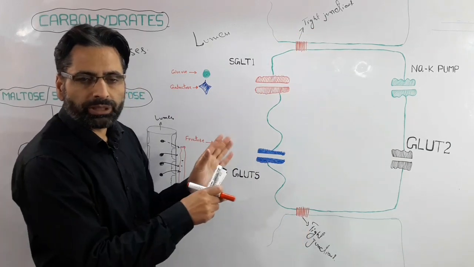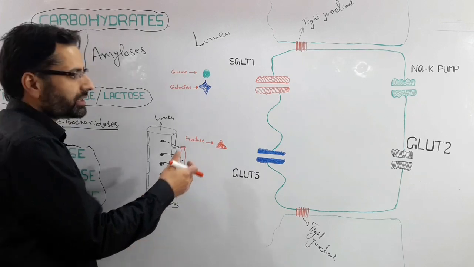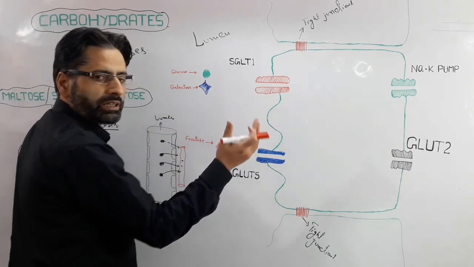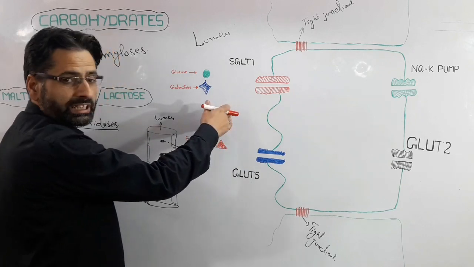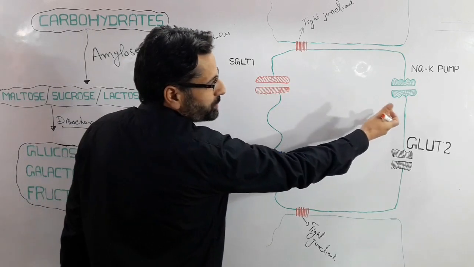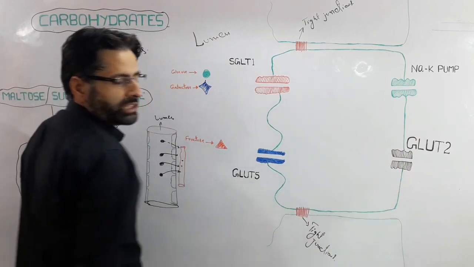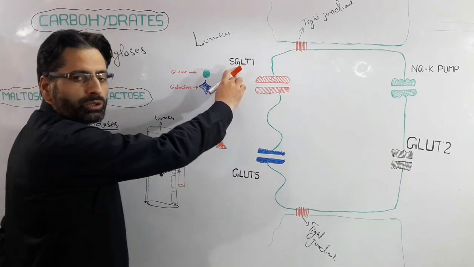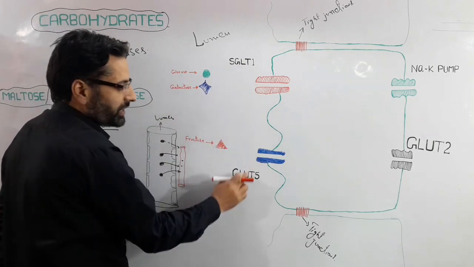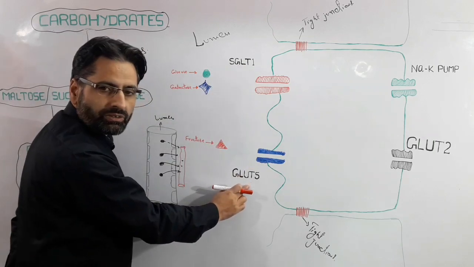This is a different topic, we are not supposed to discuss it here. Here simply you remember that we have different set of transporter proteins present towards the luminal side, and we have different set of transporter proteins towards this basolateral side. Towards the apical side we have this sodium glucose transporter and we have this glucose transporter 5.